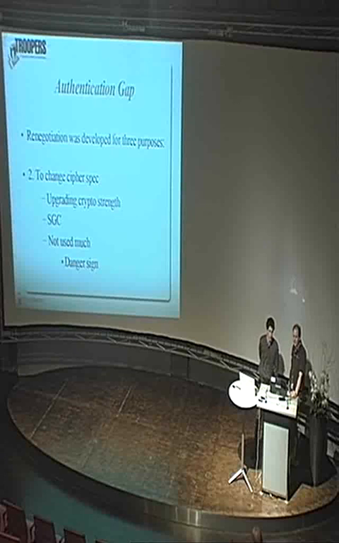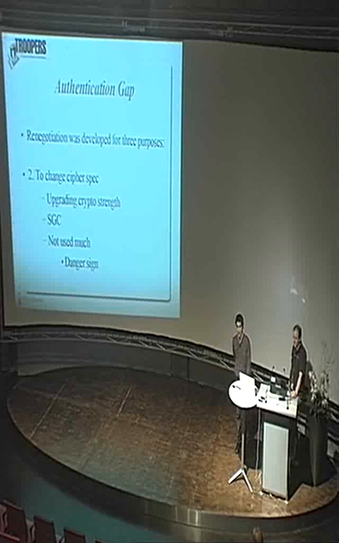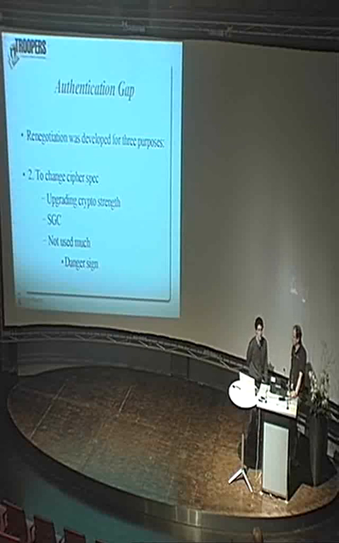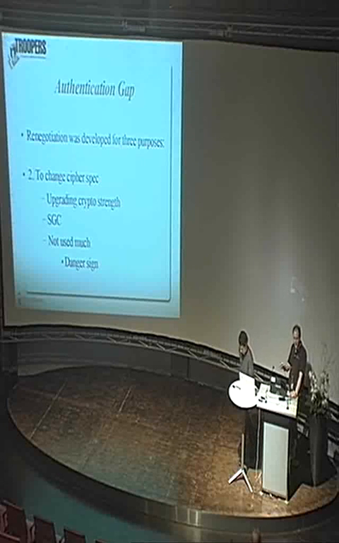Another reason had to do with changing the cipher spec. So say you want to have certain subdirectories on your server use super duper 256-bit AES plus SHA-256 or something, and everything else is using, whatever, 128-bit crypto. Well, this was back when the U.S. government was restricting the export to 40 bits of encryption.